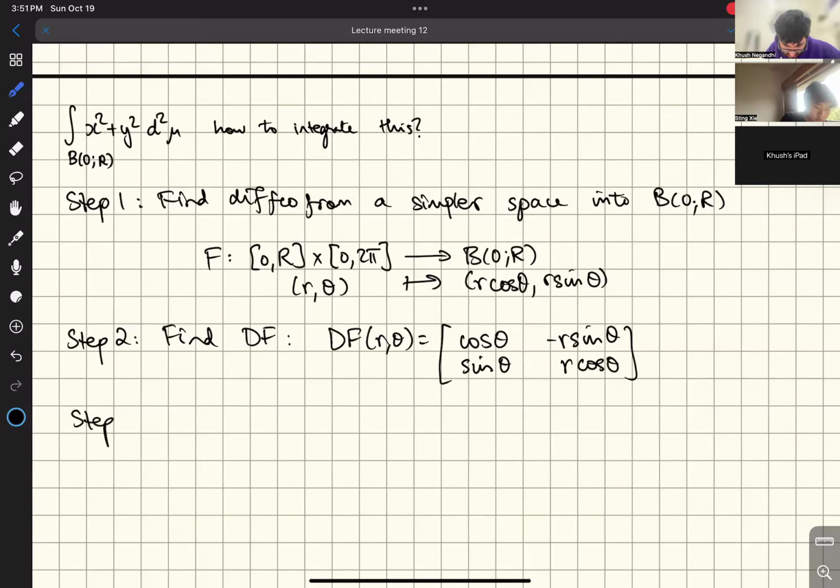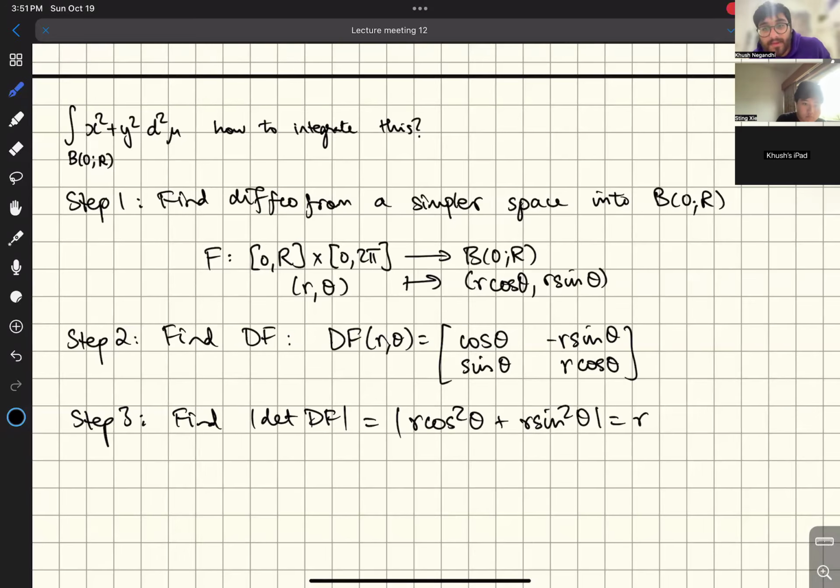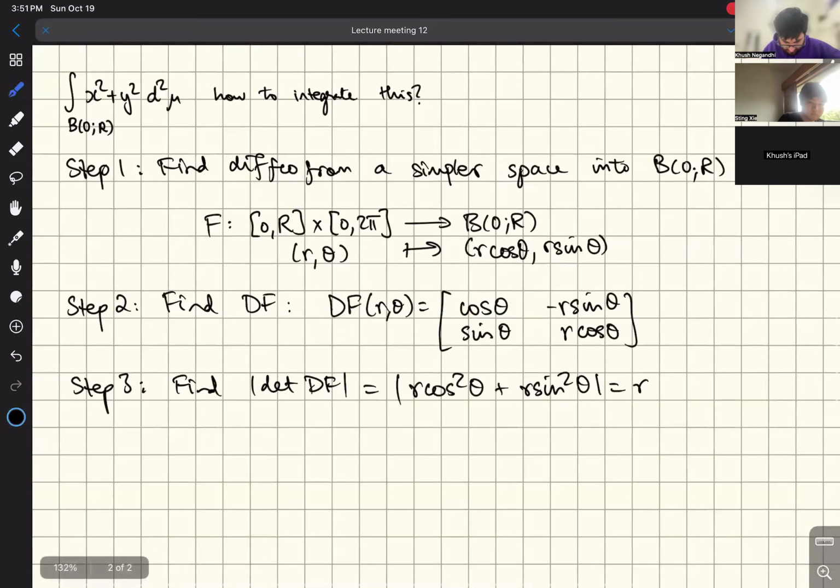Step three is to find the absolute value of the determinant. This is the absolute value of r cosine squared theta plus r sine squared theta, which is nothing but r.